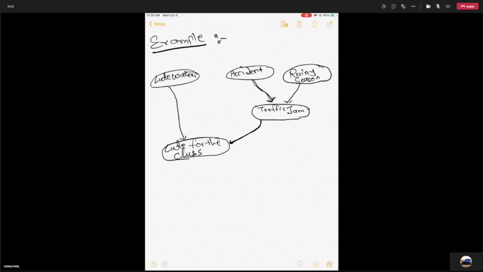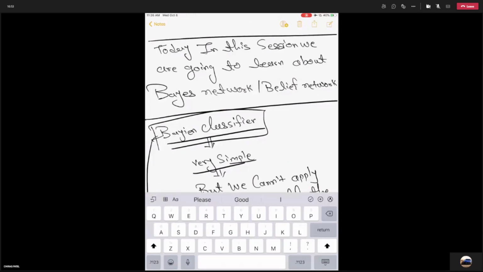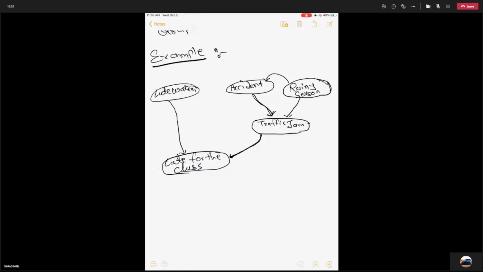And the rainy season, because of the rainy season, you might be stuck having accidents, and because of the accidents, you are having traffic jam, right? Why did I draw this direct link also? Please understand that creating the problem is a very important thing. If you're learning the classifier, there's a certain procedure for the classifier, and we can understand what exactly you mean by the classification problem.